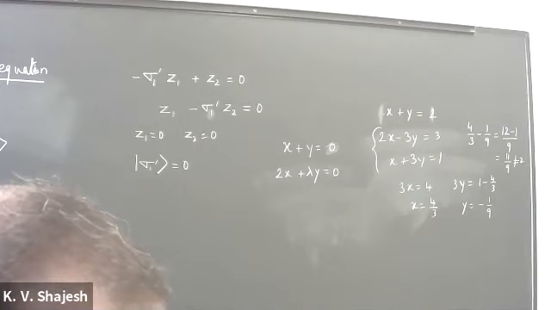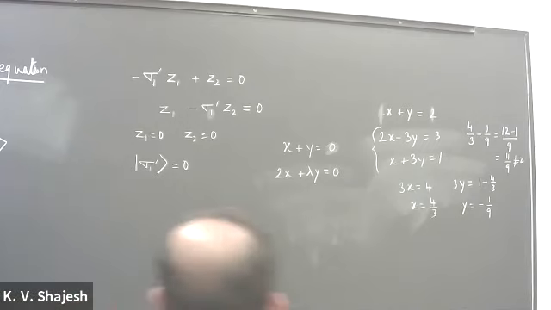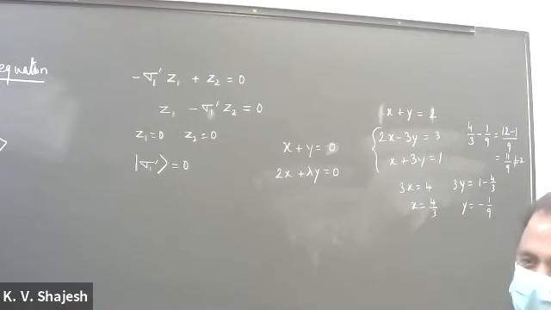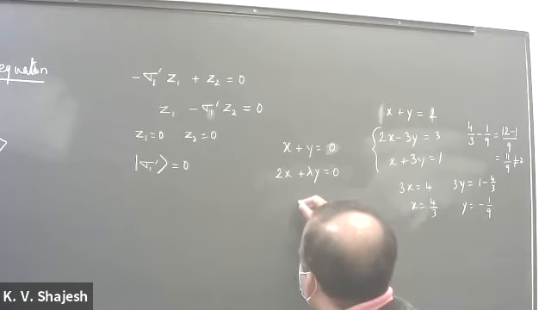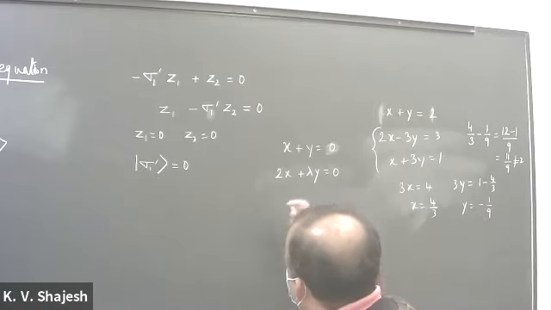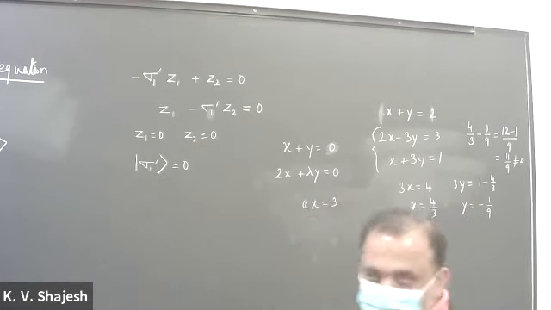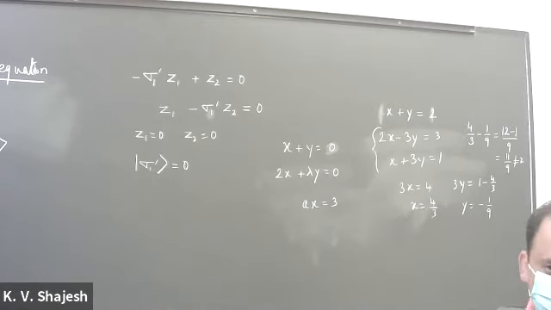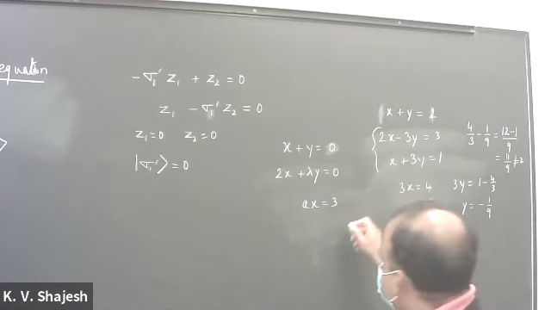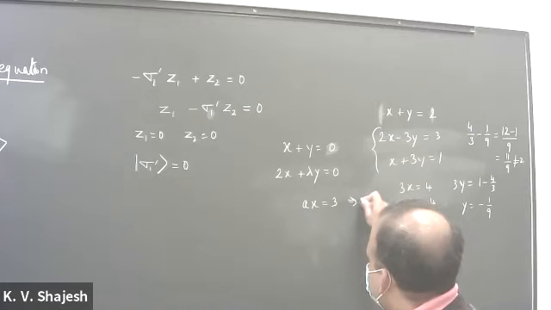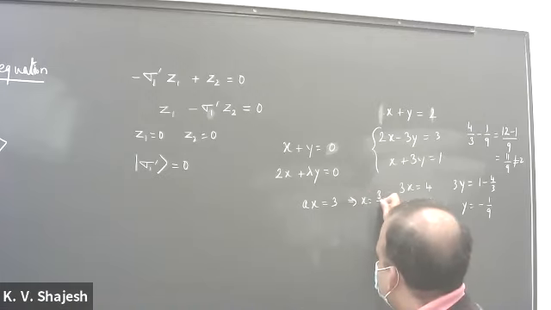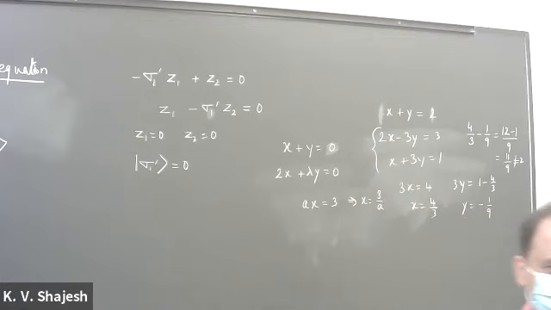But let's think about this a little. Let's go back to one variable: a times x is equal to 3, and I'm looking for x. Immediately x is equal to 3 by a, whatever a is.